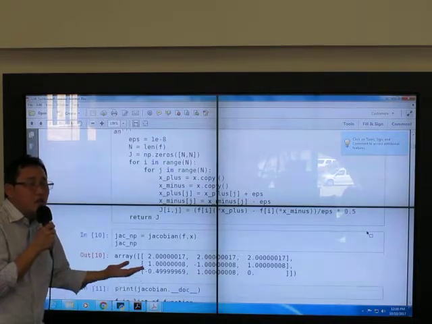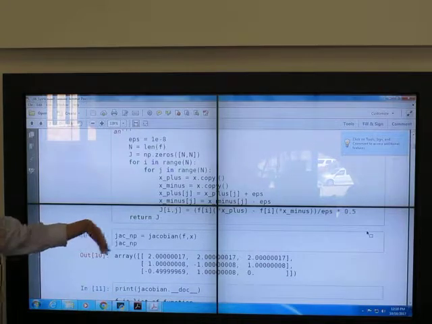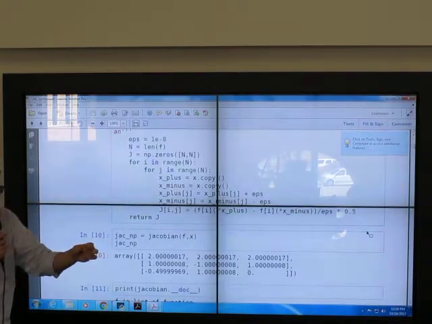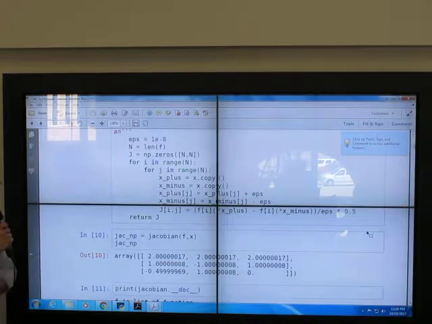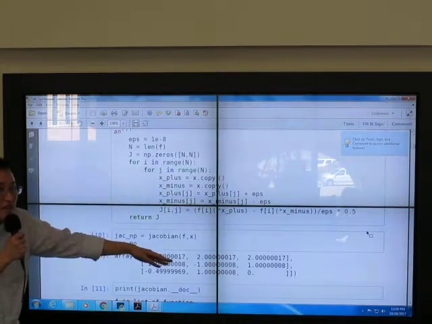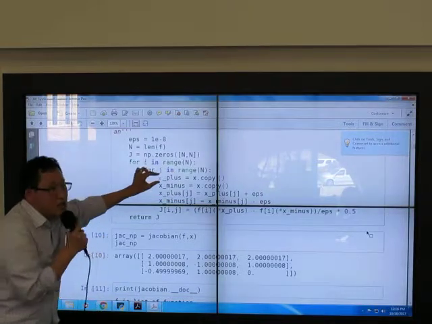If we do d by dx2, every component has to be at the origin, just x2 plus epsilon. See my point? If we do d by dx3, only the x3 location gets plus epsilon, the rest has to stay the same. So every time we reset x plus and x minus.